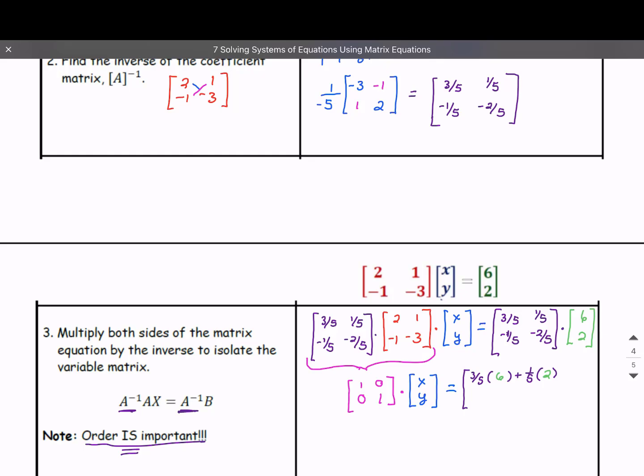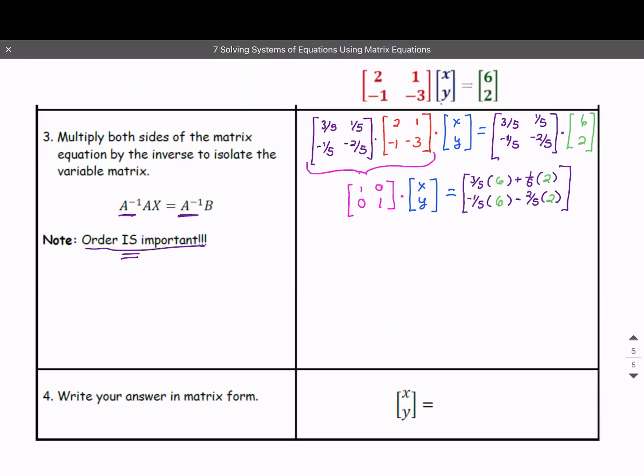In row 2, we have negative 1/5 times something, minus 2/5 times something, and our somethings are the column 6, 2. All right, now we also know that the identity matrix times xy is going to give us xy. And on the other side, we've got a little bit of arithmetic to do.